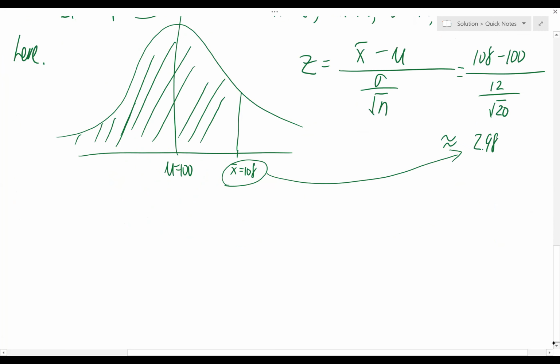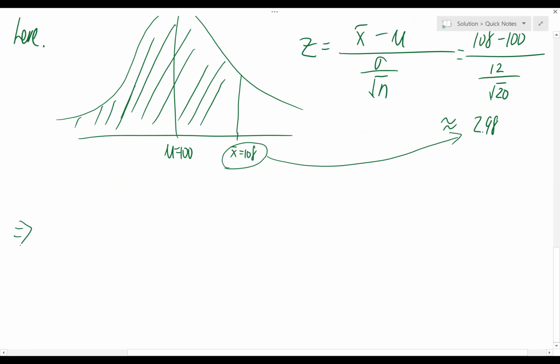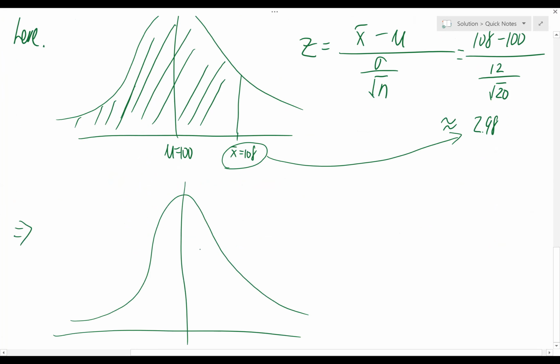Now you draw another standard normal curve. No more IQ score, just z-score. So the z-score equals 0 here, and this z-score is 2.98. We're going to look that up in the table. Again, we're looking for the area to the left.